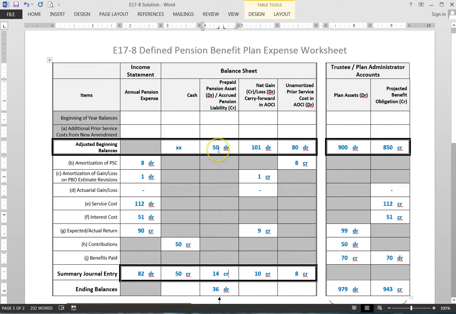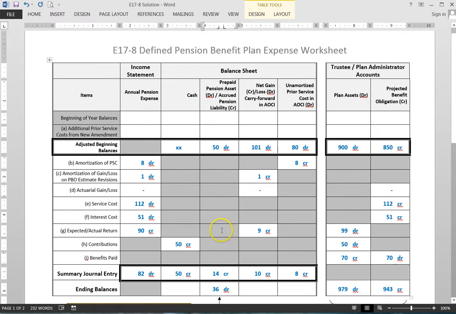Also, a $50,000 beginning balance minus $14,000 gets me to a $36,000 debit balance in my prepaid pension asset account. So this column works as well. That's sort of the last puzzle piece, so that I know that everything fits together the way it's supposed to fit.